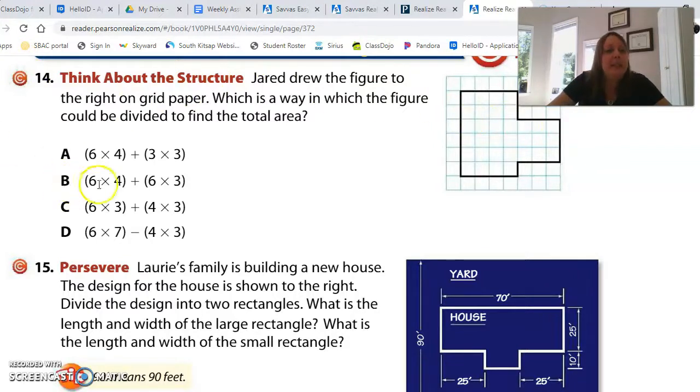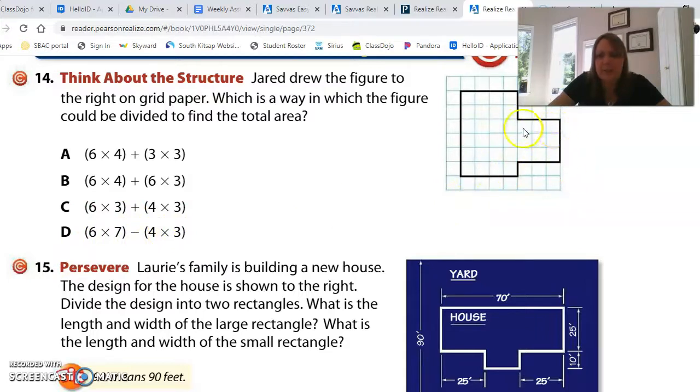All right. B, 6 times 4 plus 6 times 3. Well, I don't even see a 6 times 3 array anywhere, so that one does not make sense. And here it is again, a 6 times 3. That does not make sense because this little section is only a 3 times 3. Now, 6 times 7 minus 4 times 3. 6 times 7.